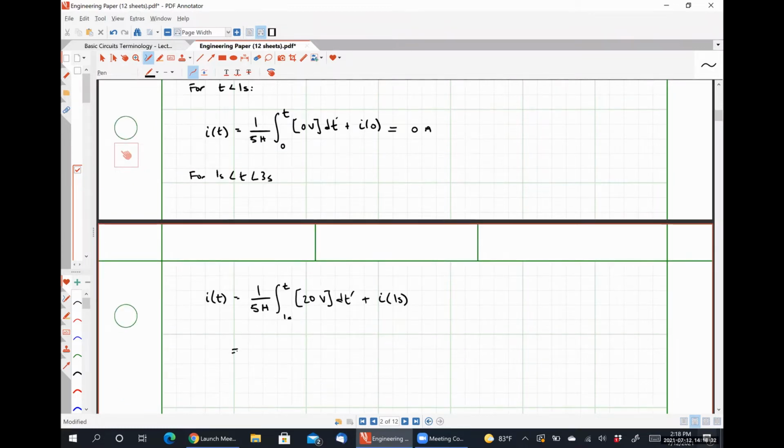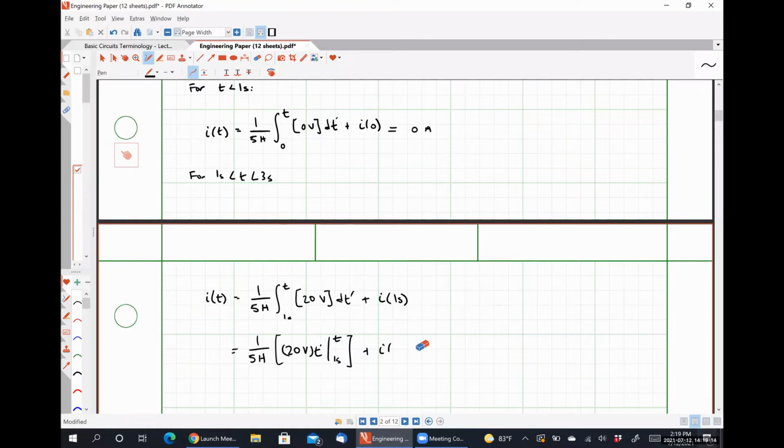So this is going to look like 1 over 5 henries times 20 volts times time evaluated at time t and 1 second. Excuse me, that should be 1 second. Plus I at 1 second.